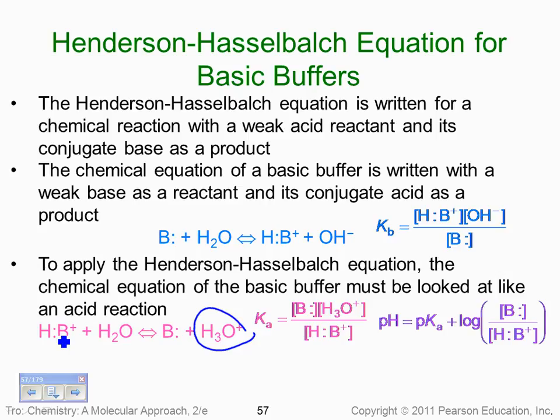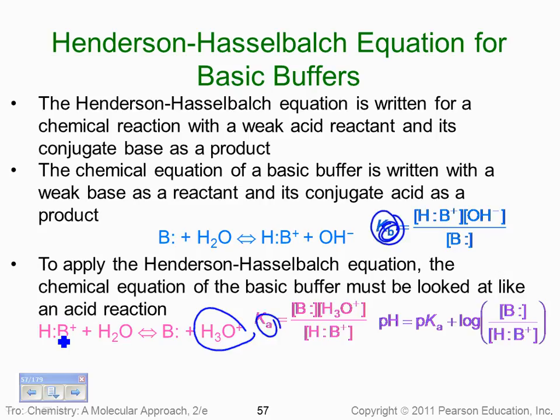And this equilibrium is not the same as that one. This one is a Kb, right? But what I've written down here, where I put the conjugate acid on one side and the conjugate base on the other side and turn it into an acid-type reaction, now I've got a Ka.